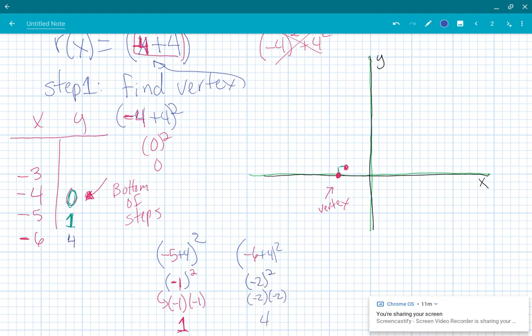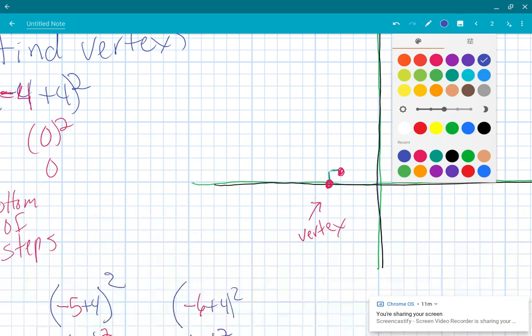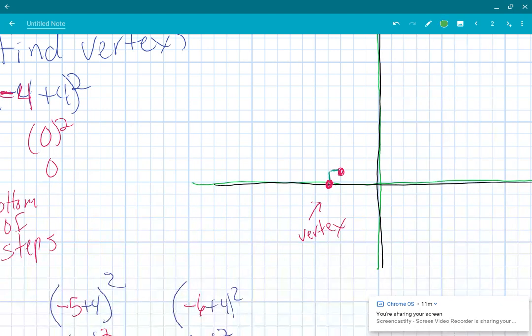Hey, by the way, how much bigger did the next step become? By 3. It went up +3. It actually, the step got bigger. So the steps didn't stay the same size. This step got bigger. It went up 1, 2, 3, and over what? 1.